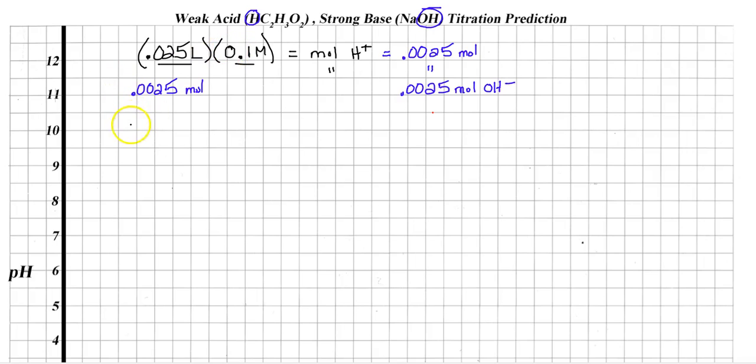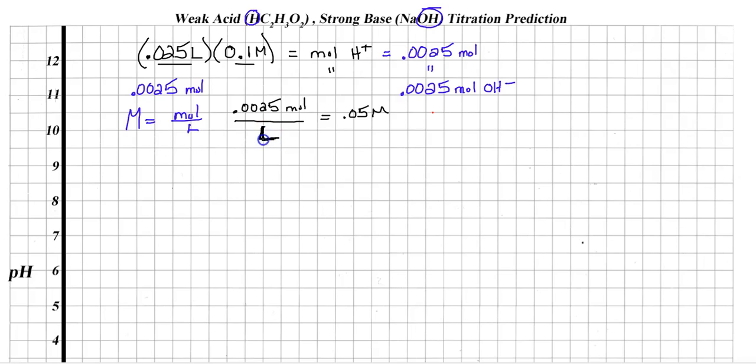Well, I know molarity is equal to moles over liters, and I have the moles: 0.0025. And I know the molarity of my base solution, which was given to me, is 0.05 molar. So we're going to solve for the liters.